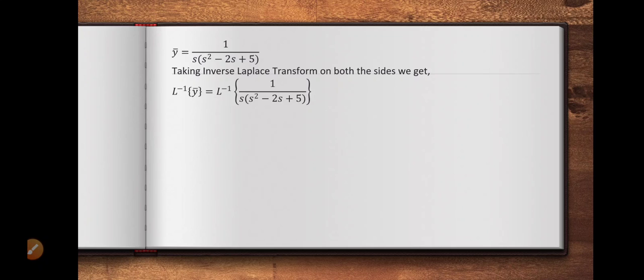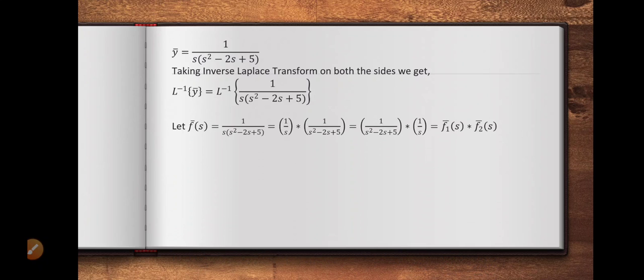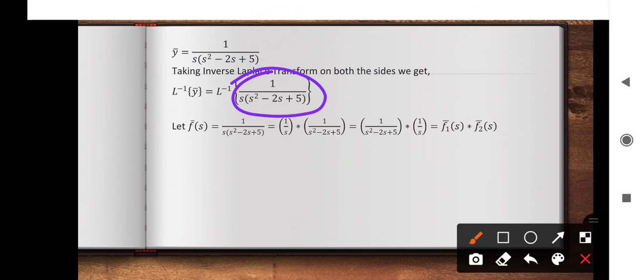Here I am using convolution theorem to find inverse LT. So this will be my f bar of s. I have to split this f bar of s as a product of f1 bar and f2 bar, so that its inverse can be easily obtained.